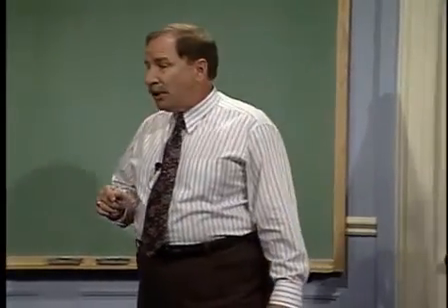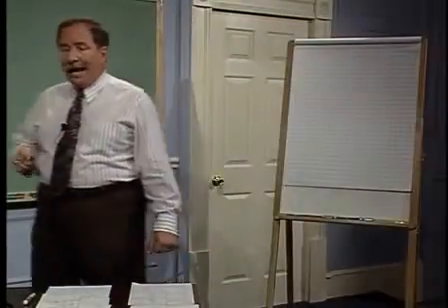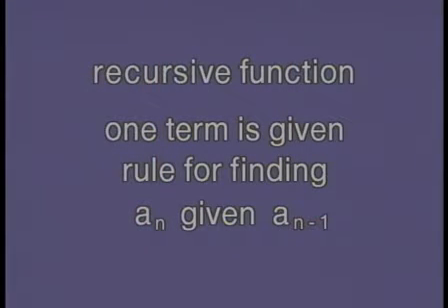So let's look at the next visual, which shows us, again, you heard it, now you just see it. A recursive function is a function in which one term is given. And the rule for finding A sub n, when you know A sub n minus 1, is also given. That is, finding the next term given the previous term.